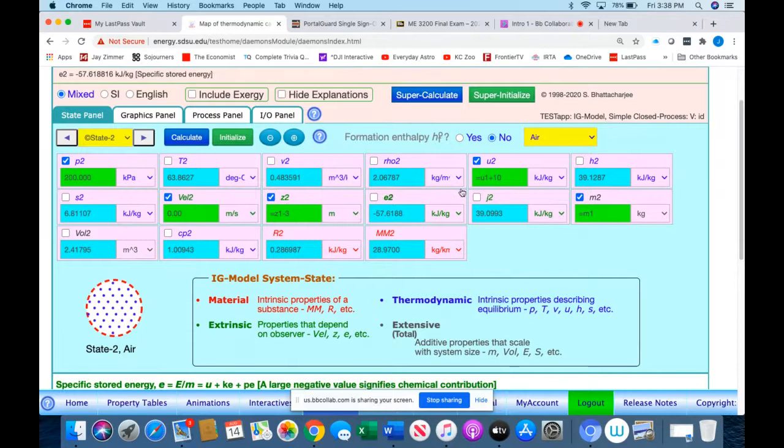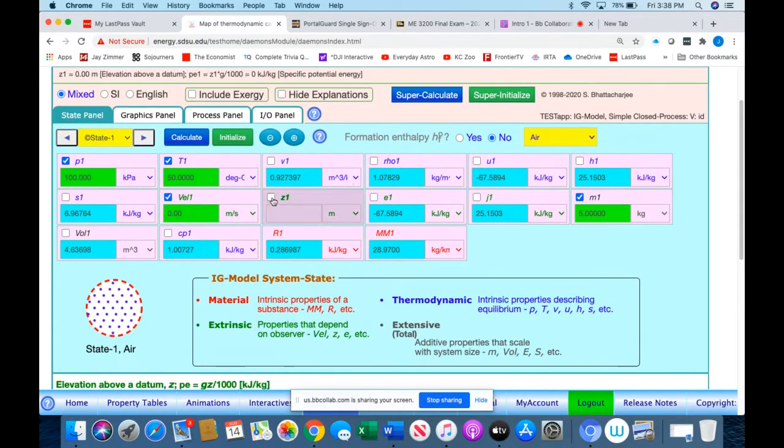And so this internal energy value is going to be different than the energy value right here. If I went back to state 2, where we had no velocity and no potential energy, one sees that the internal energy is equal to the stored energy.